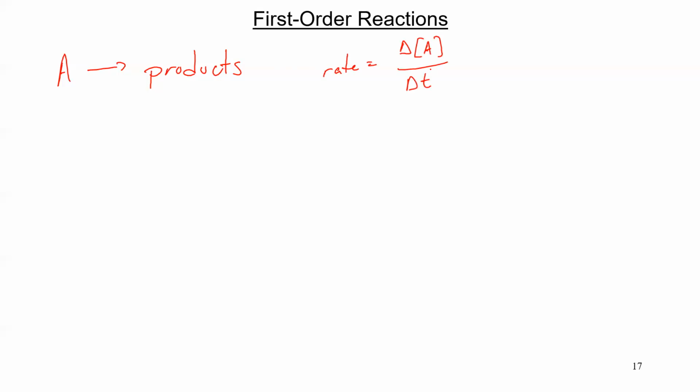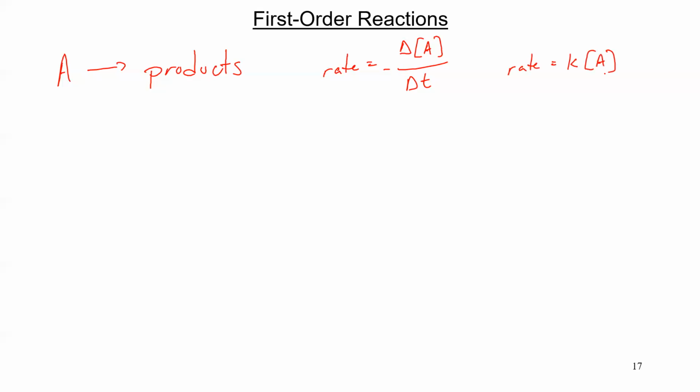Now, A is a reactant, so what do I need in that equation? Negative. Yeah, we need to make it negative. Anytime we're talking about the rate of a reactant, that rate sign is negative. Now we also know that the rate is equal to K times the concentration of A. Now these two look similar.